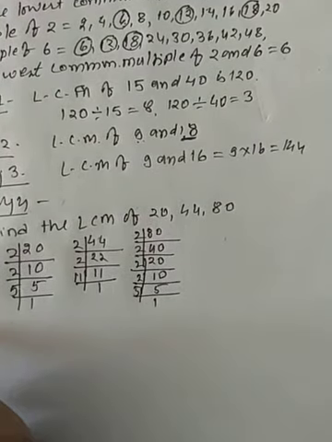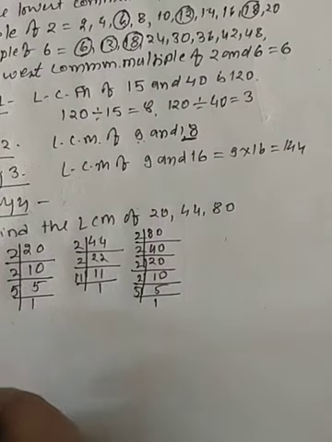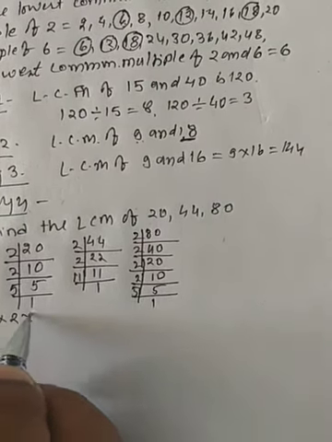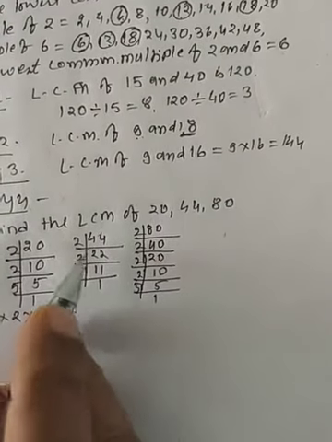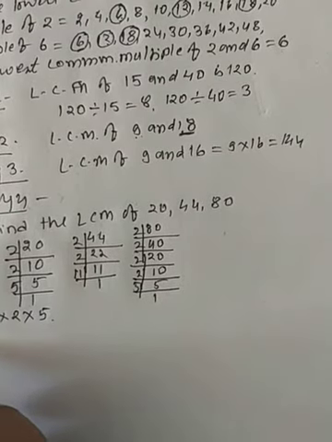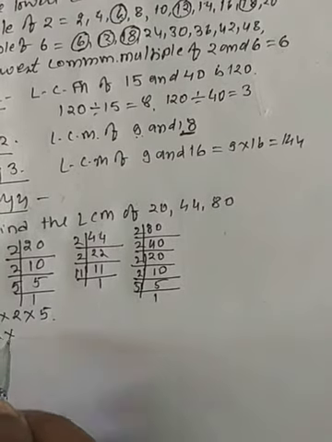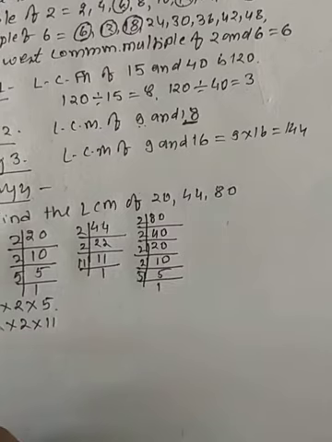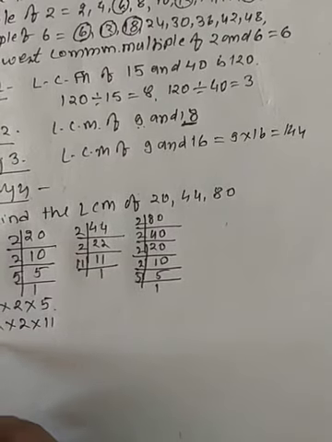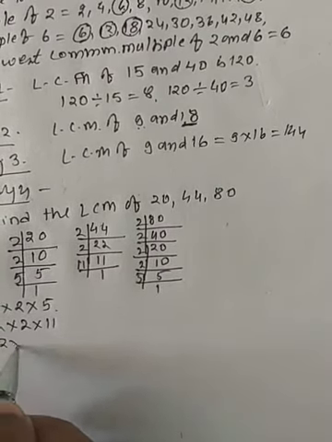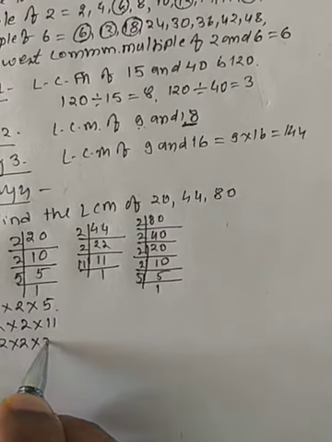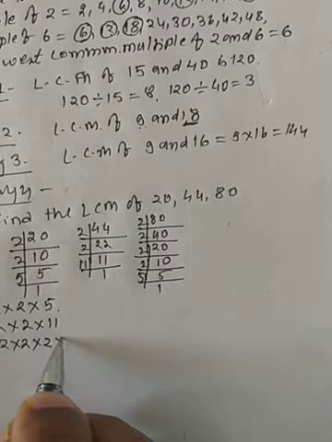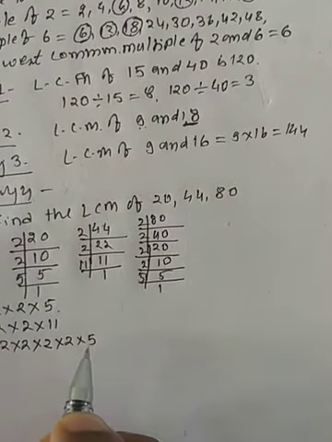So the prime factors of 20 are 2 into 2 into 5. The prime factors of 44 are 2 into 2 into 11. And prime factors of 80 are 2 into 2 into 2 into 2 into 5.